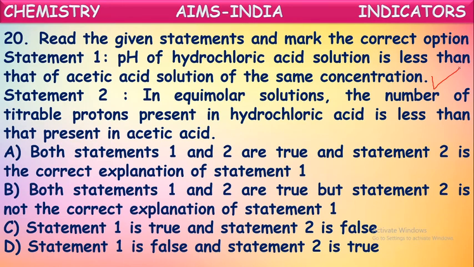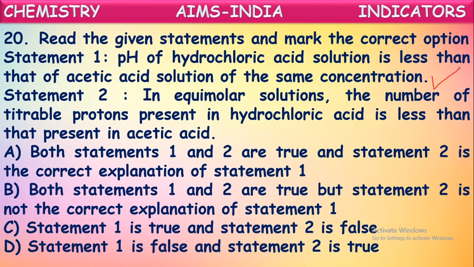So this statement is true. See the second statement. In equimolar solutions, meaning the same concentration, the number of titratable protons present in hydrochloric acid is less than that present in acetic acid. Titratable means free H+ ions. Strong acids can produce a greater number of H+ ions, meaning more titratable protons. But here they have given that hydrochloric acid has fewer H+ ions than acetic acid.